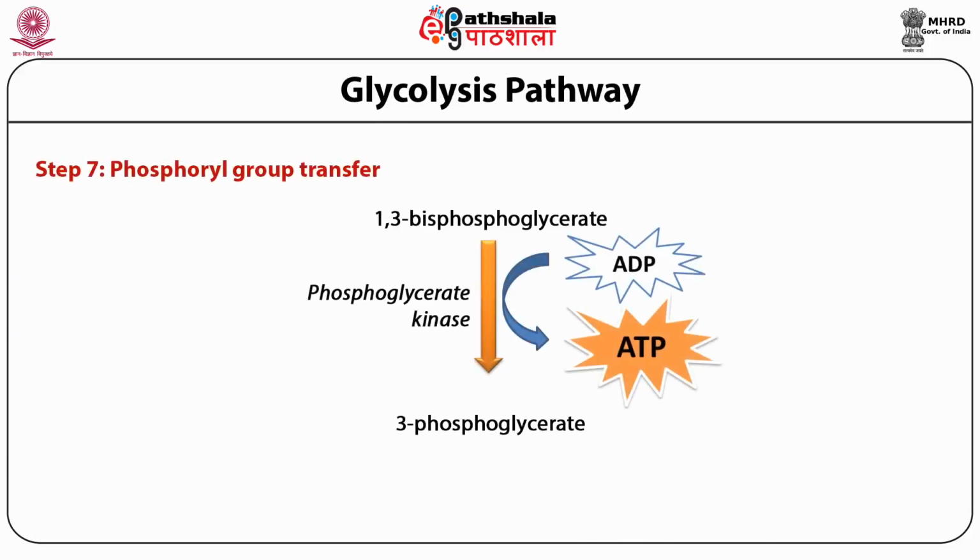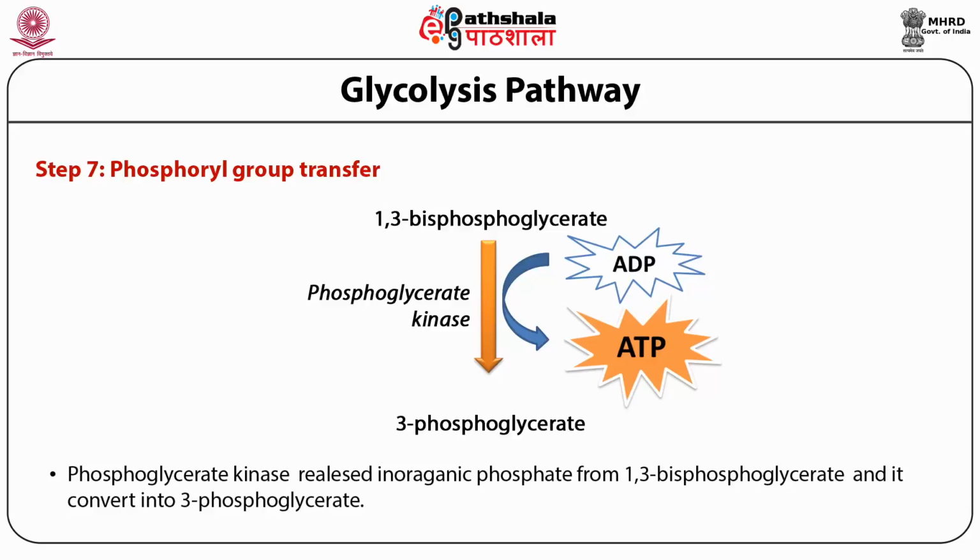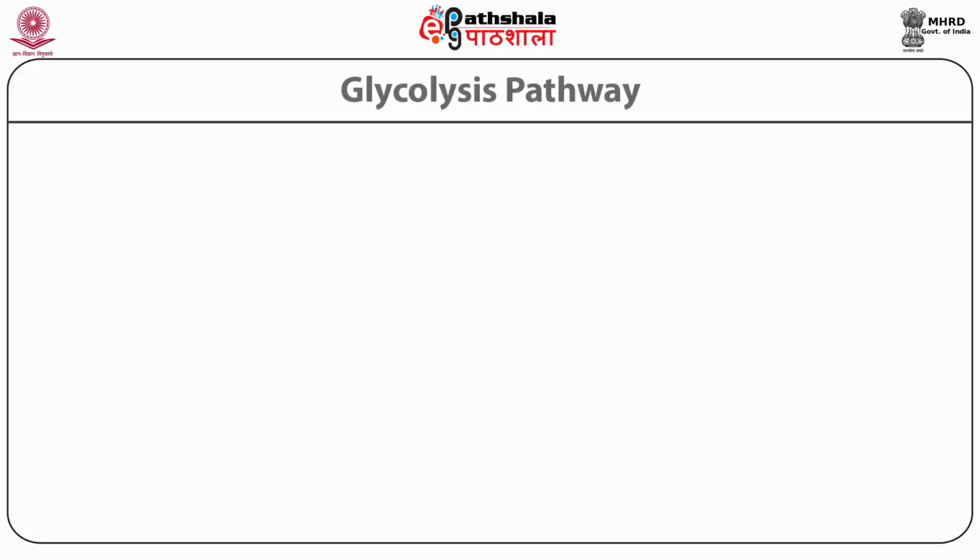Step 7, phosphoryl group transfer. During this step, phosphoglycerate kinase releases the phosphate from 1,3-bisphosphoglycerate, which is converted into 3-phosphoglycerate.